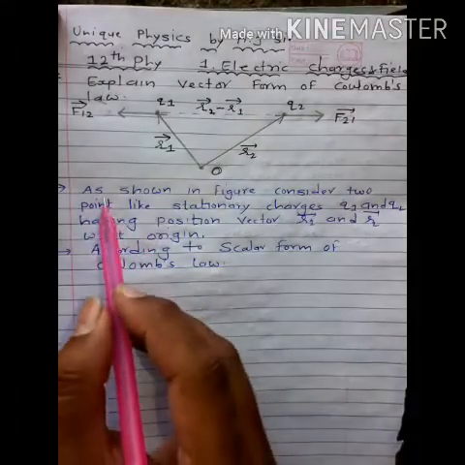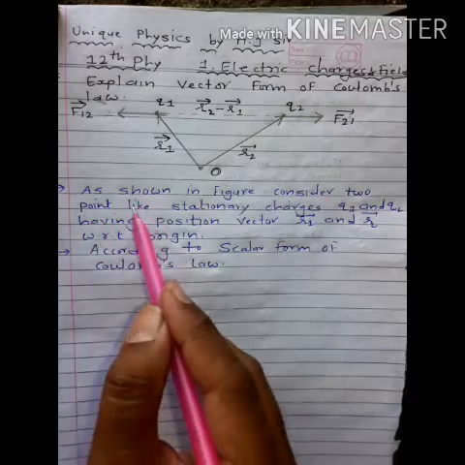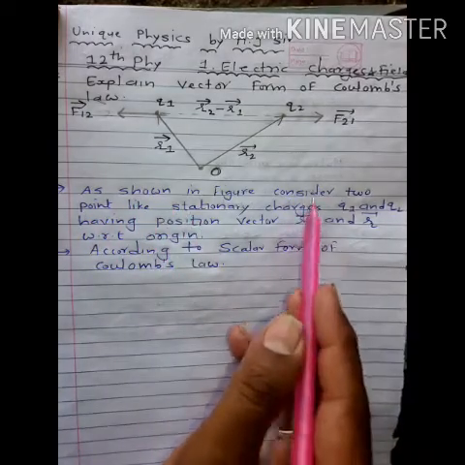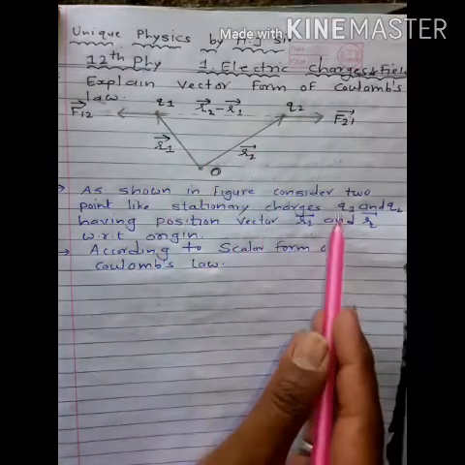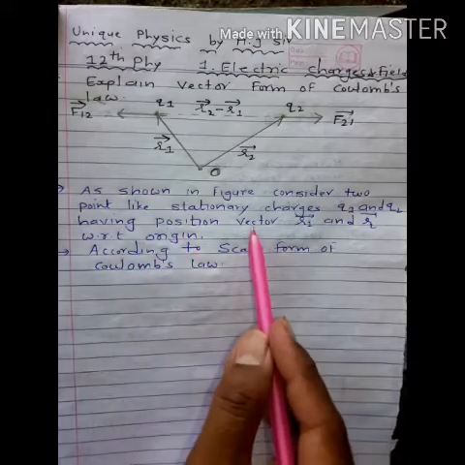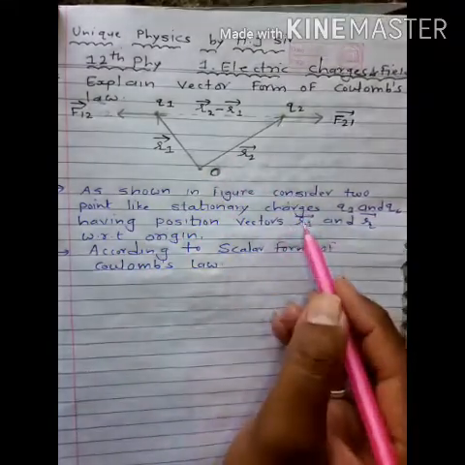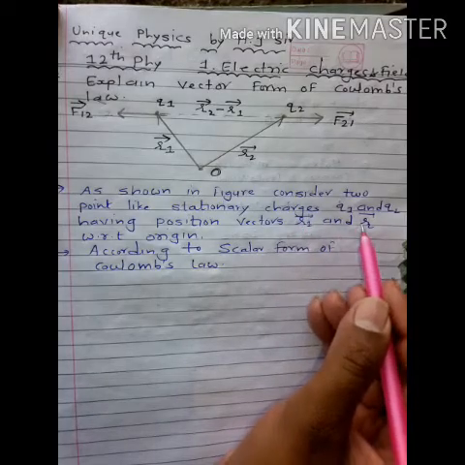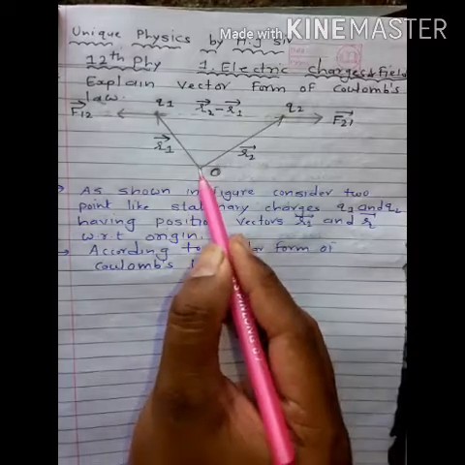Description of figure. As shown in figure, consider two point-like stationary charges q1 and q2 having position vectors vector r1 and vector r2 with respect to origin. So this is our origin.